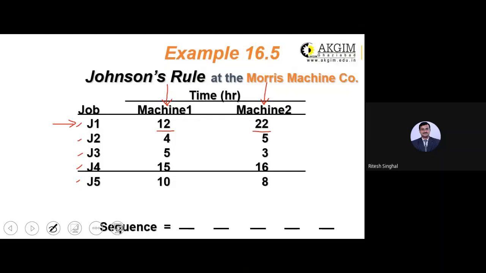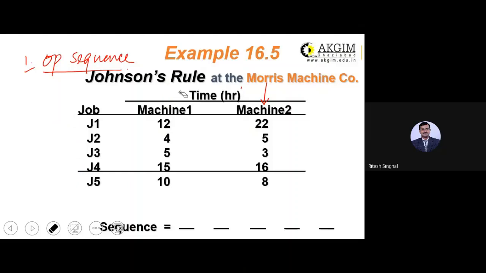These are nothing but times in hours. So the first step is to find out the optimal sequence of jobs. Whether we are going to complete these jobs in the same order, J1, J2, J3, J5, or there is some other order. So let's use Johnson's algorithm here and see how things are going to be completed.